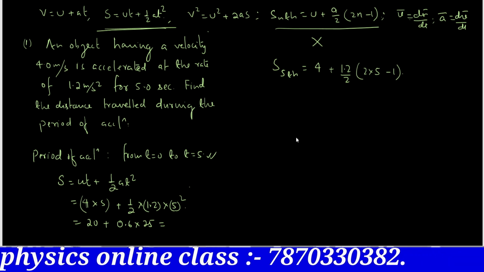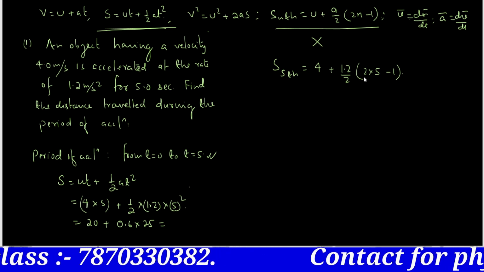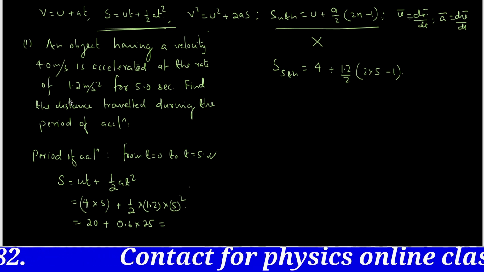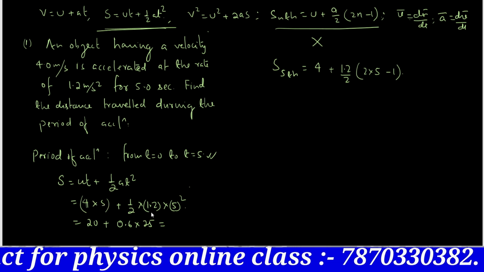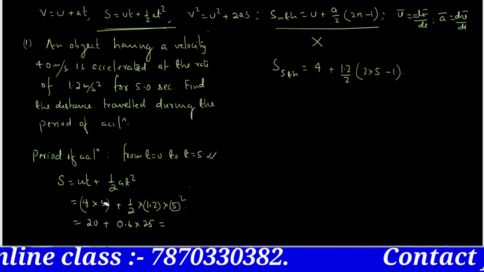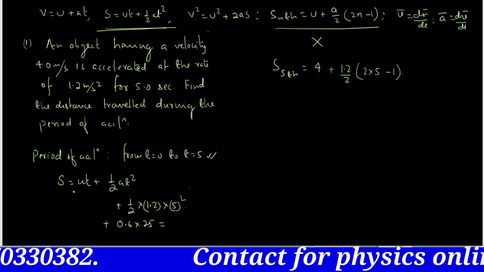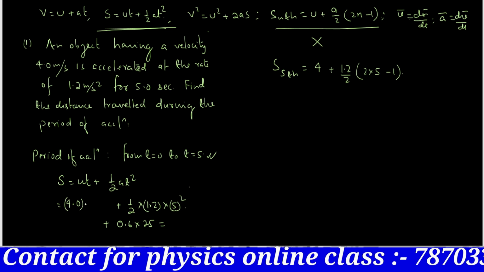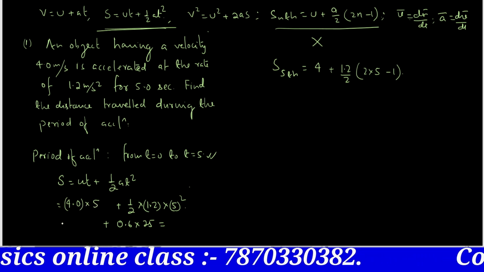S fifth is u plus a by 2 into 2n minus 1, correct. And ut plus half at square, here we have u 4 but t 5. Sir, is it 4.0 meters per second or 40 meters per second? No, no, this is 4.0. Okay. t is 5, right?